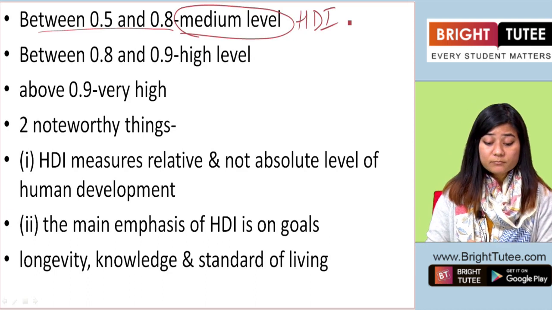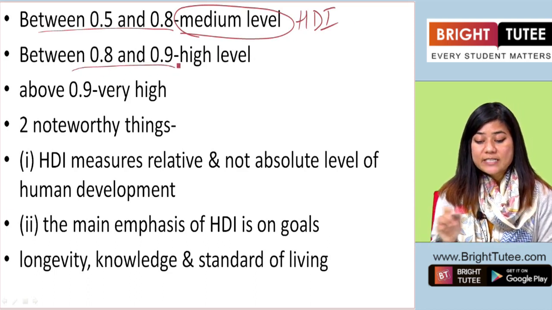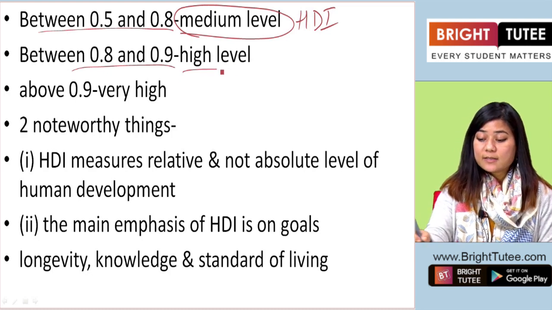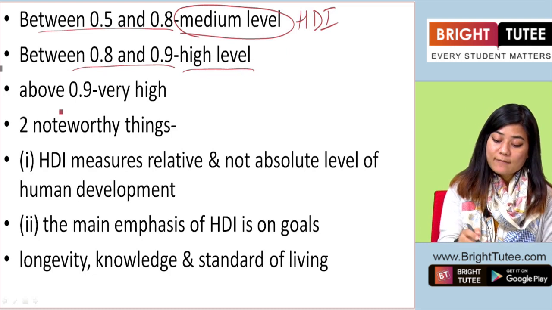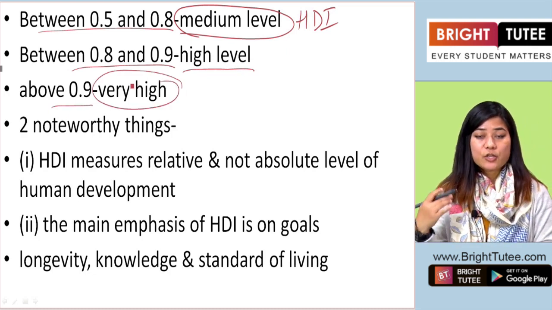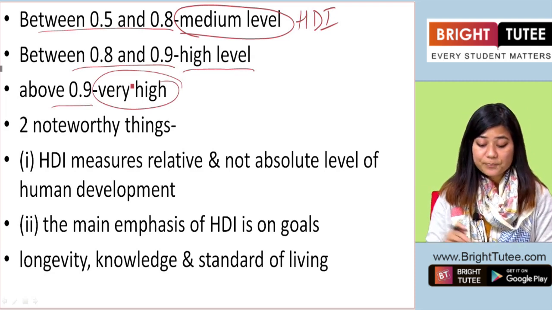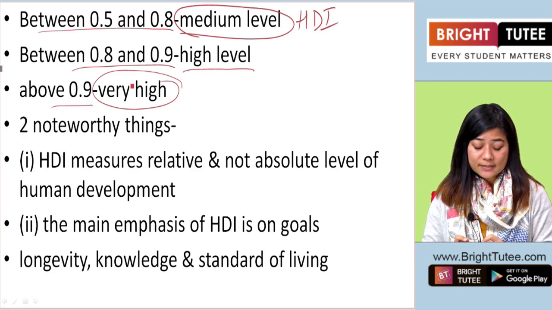Okay, and the countries which have scores between 0.8 and 0.9, they are considered to have high level of HDI. And those who have above 0.9, they are considered to have very high human development in the country.